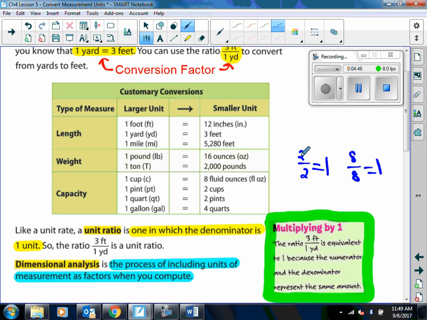So it's the same amount on the top and the same amount on the bottom. If the numerator and the denominator are the same amount, that is equal to 1. So you know that 3 feet, highlight this, 3 feet is the same amount as 1 yard. So you have the same on the top, same on the bottom, just like up here. 3 feet over 1 yard is equal to 1.